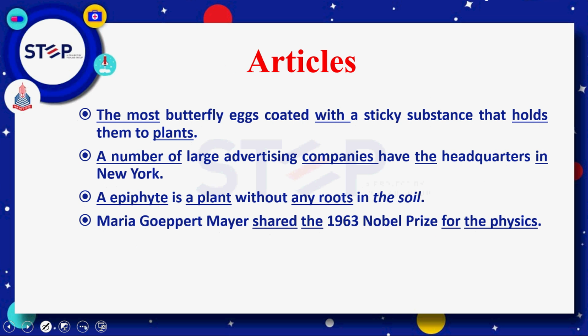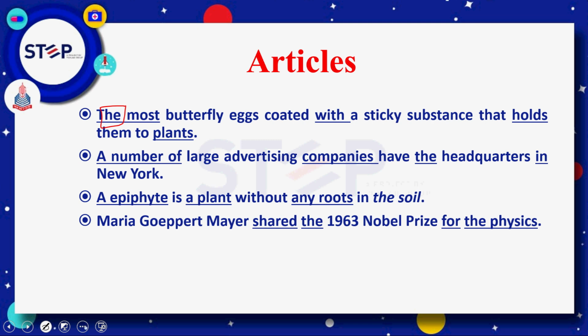Articles, as you people have been studying, articles are yet another example of error identification questions. The most butterfly eggs coated with a sticky substance that holds them to plants. In this sentence, most butterfly eggs coated with a sticky substance, this the shouldn't be there, and I think there's a slight problem with this sentence.